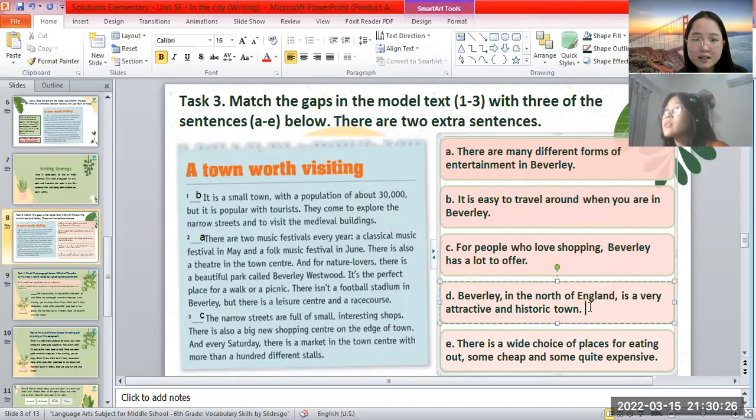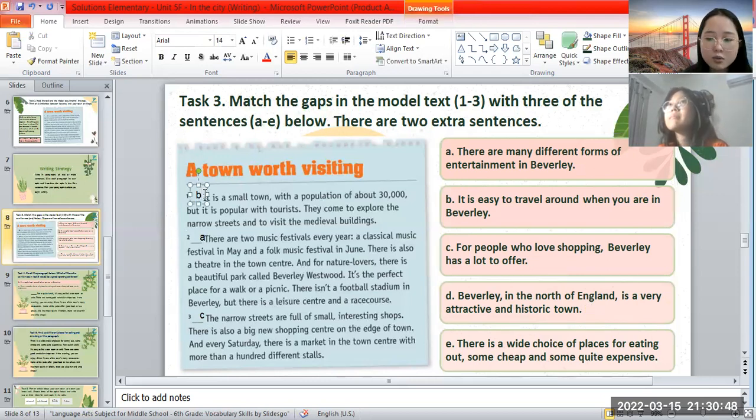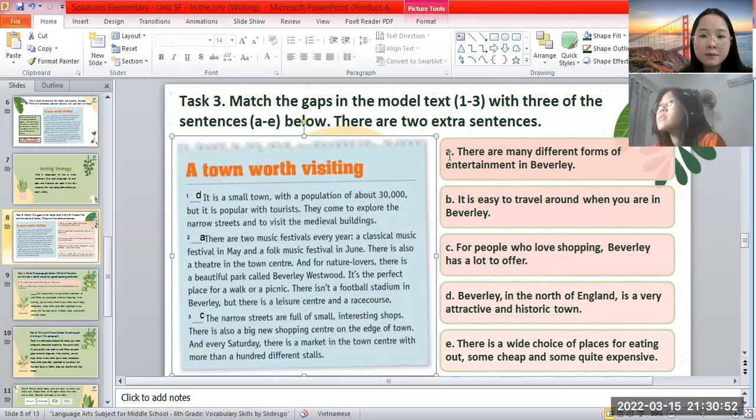That is quite clear. Beverly in the north of England is a very attractive and historic town. It is a small town with a population about 30,000, but it's popular with tourists. So here we have to choose D because D is the most suitable.